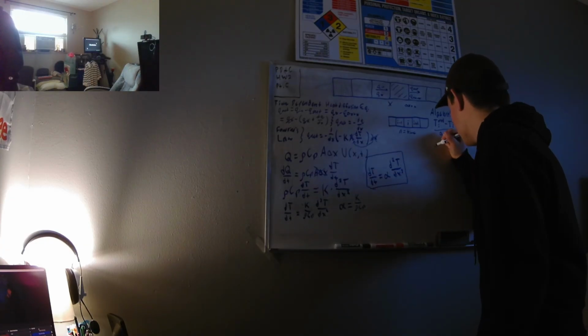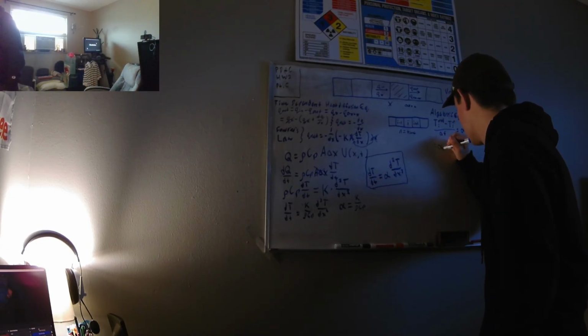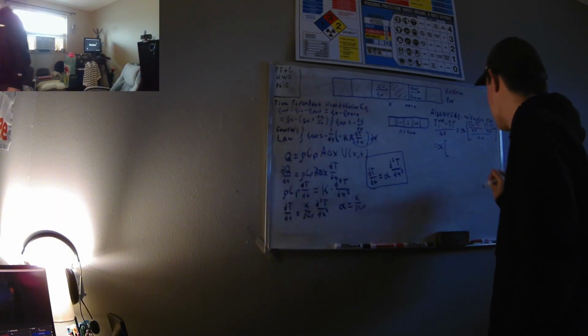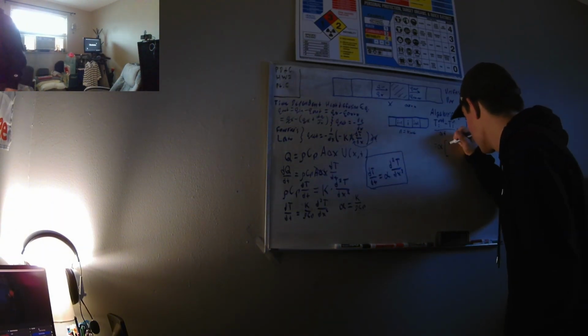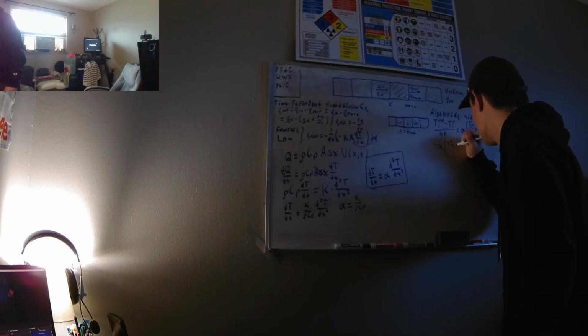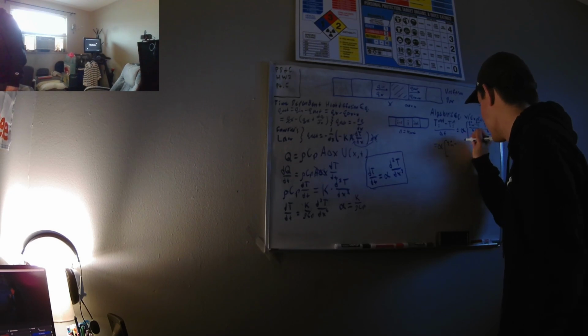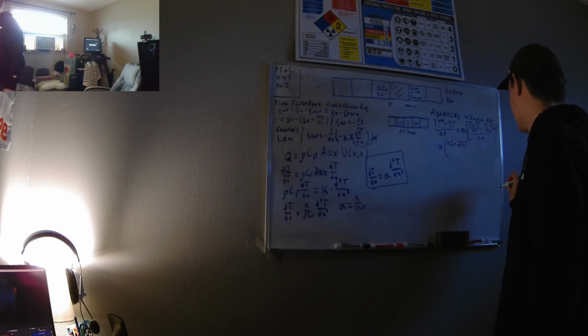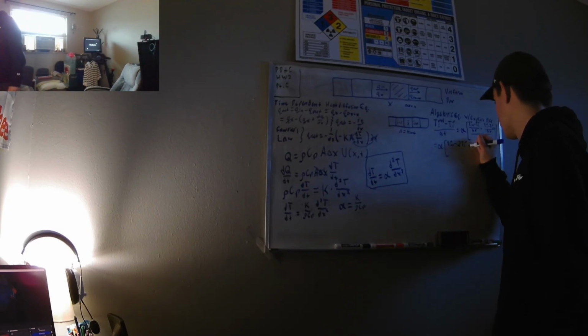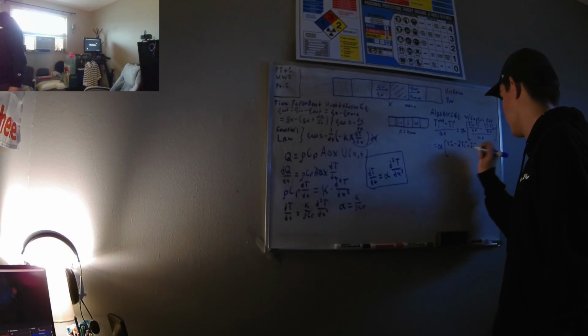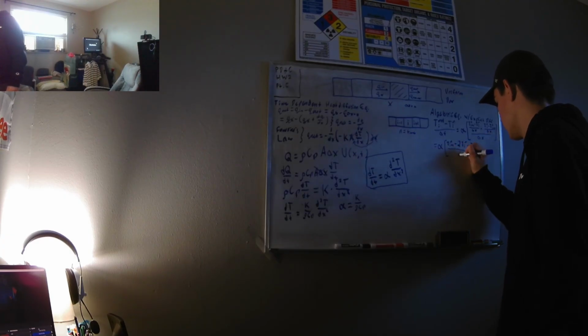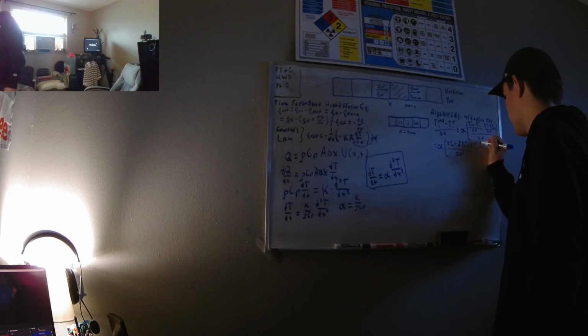We're just going to say that this equals alpha times T n at i+1 minus 2 T at i at n plus T at i-1 at n, all over delta x squared.